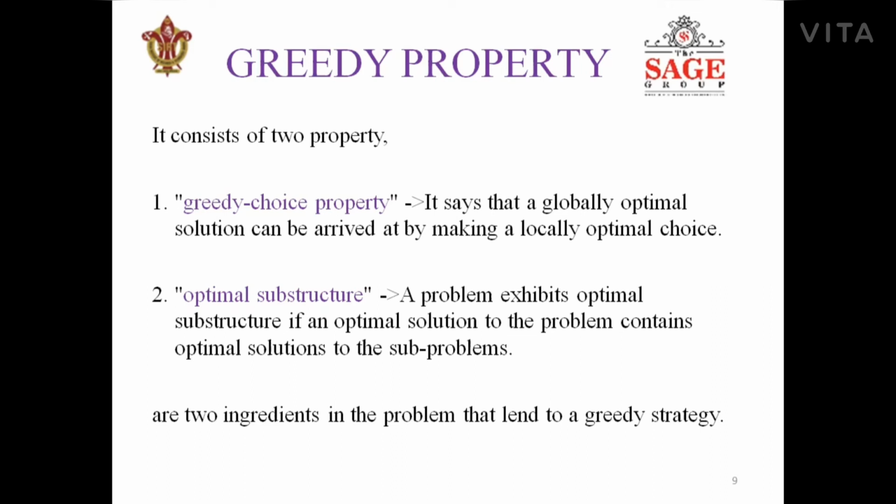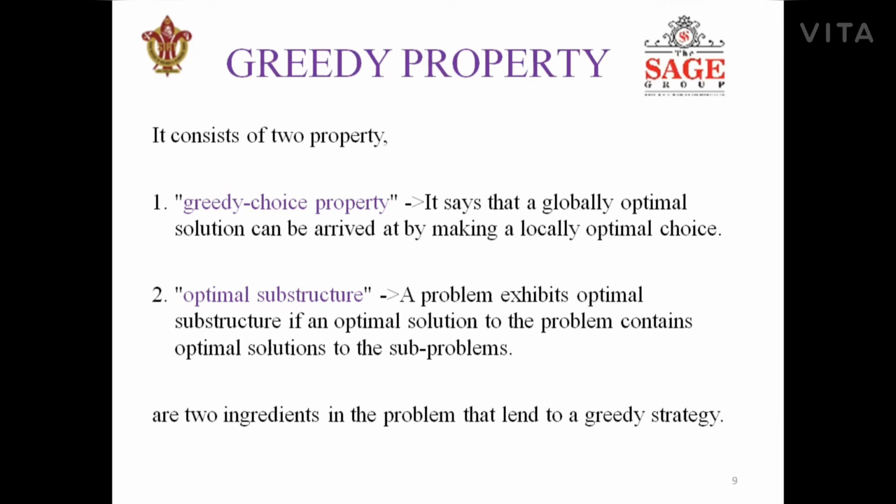The same thing: if an optimal solution to the problem contains optimal solutions to subproblems, if all the subproblems have optimal solutions and all the optimal solutions of the subproblems are combined, then it generates the optimal solution for the main problem given to solve as an optimization problem.